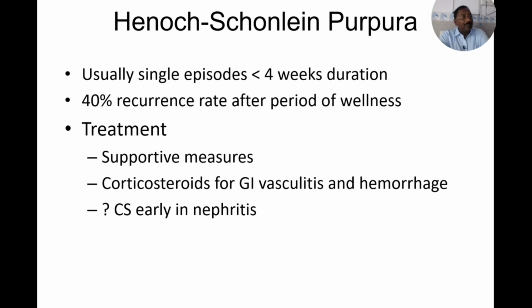So the recurrences have to be reduced by proper usage of steroids for long periods. Treatment is supportive measures depending on the involvement, suppose GI involvement or renal involvement, etc. Corticosteroid for GI vasculitis and hemorrhage. Corticosteroids early in the nephritis.